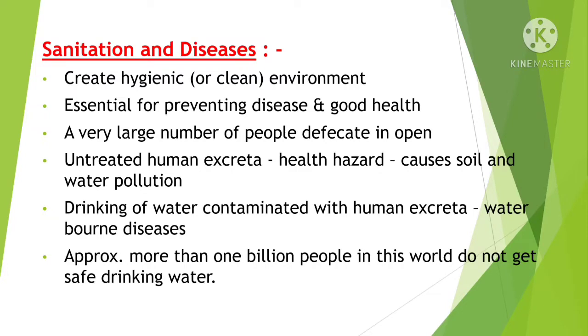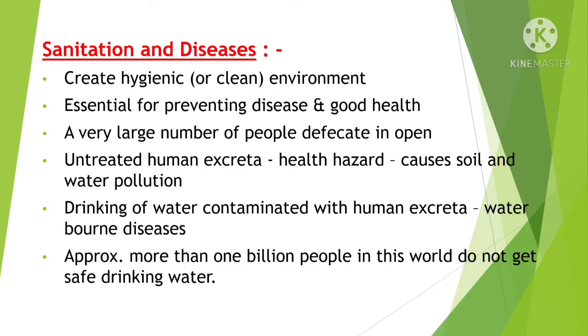Okay, so drinking water that has untreated human excreta is the most common cause of waterborne diseases. Some of the waterborne diseases that spread in this way are cholera, typhoid, polio, meningitis, hepatitis, and dysentery.